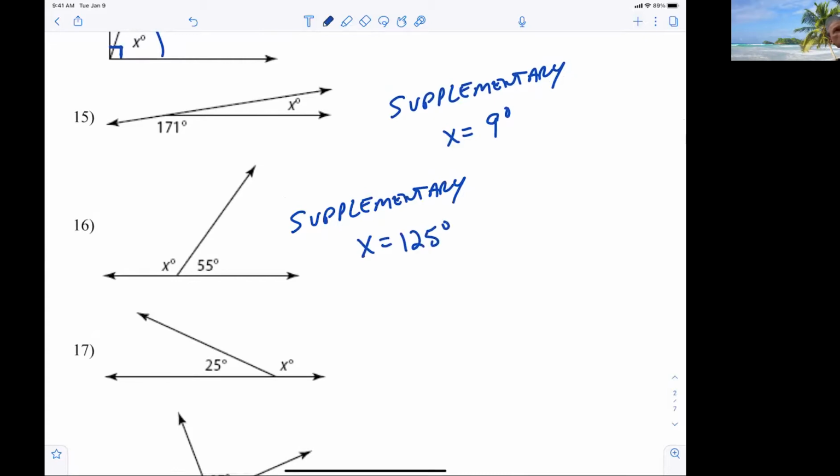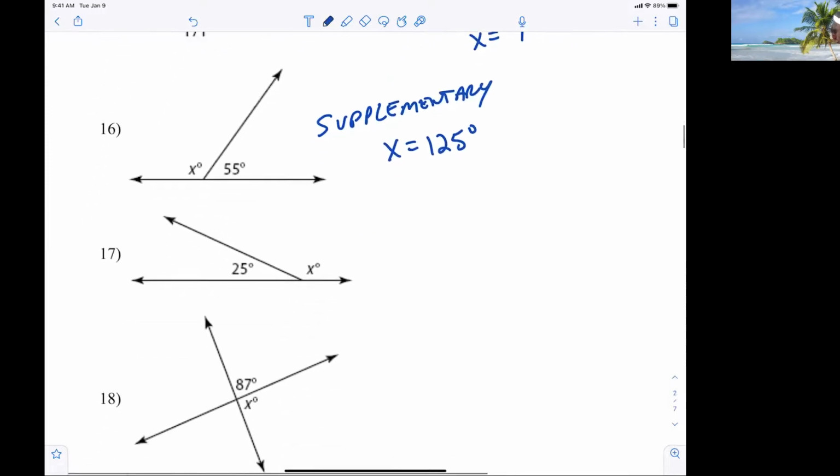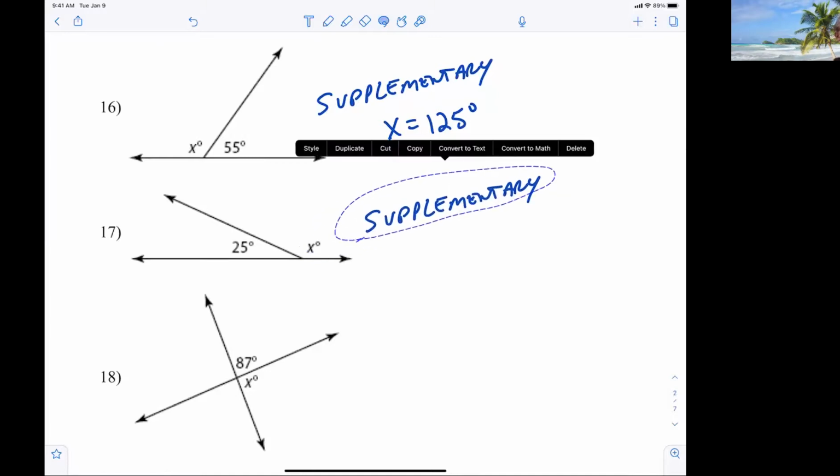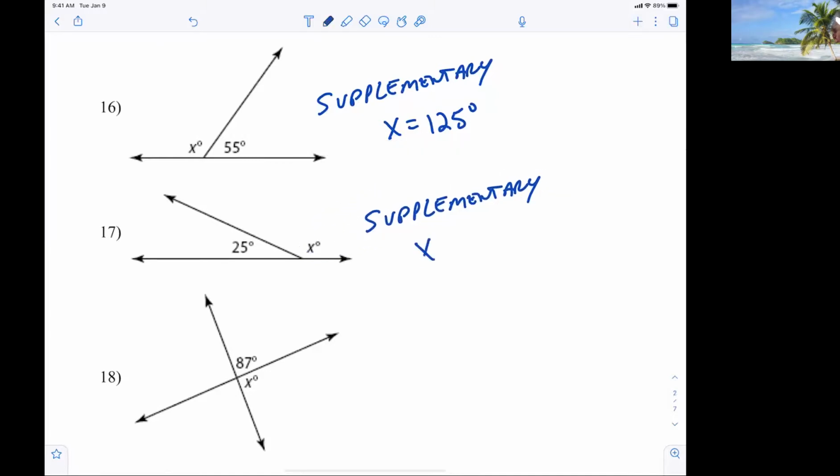Jackson? Okay, here we go. Number 17. Zeb. What's that called again? Yes. And what's X? Yes, 155. Good job, buddy. 155.